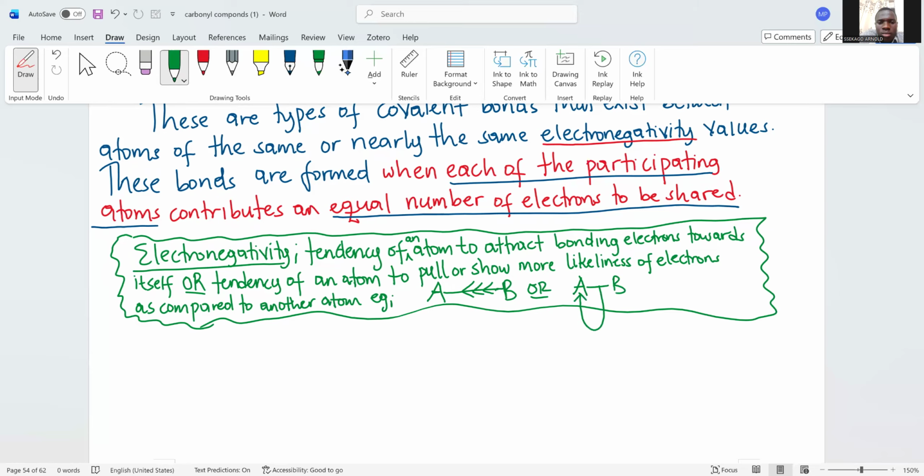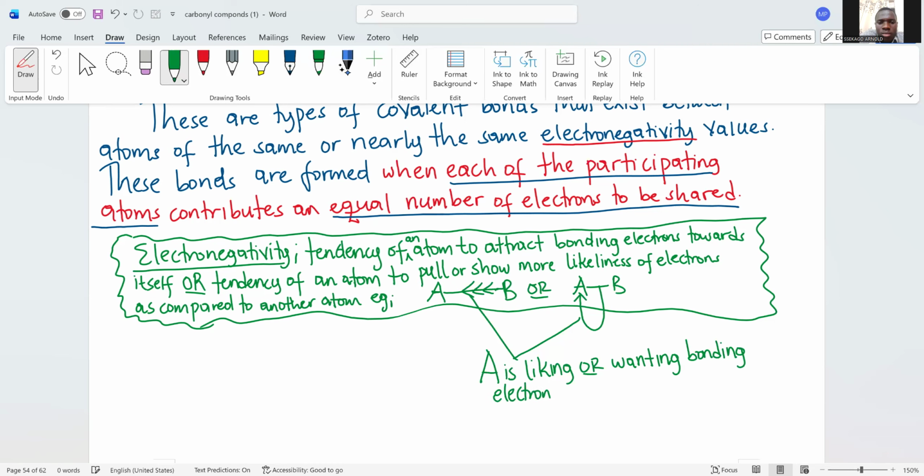Those arrows show that A is liking or wanting bonding electrons.